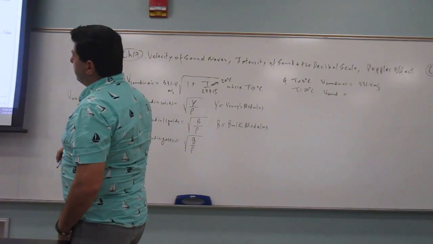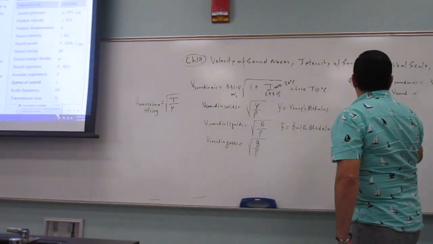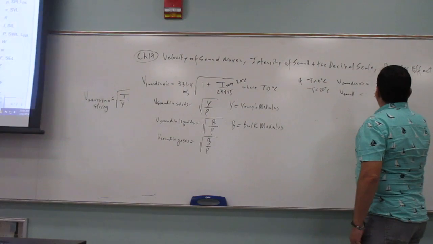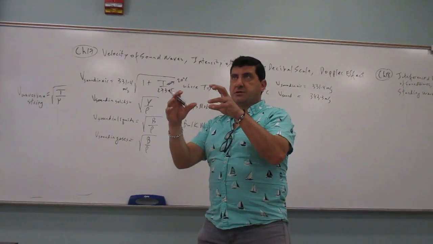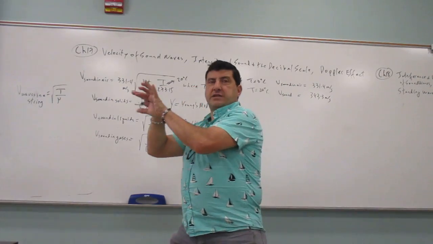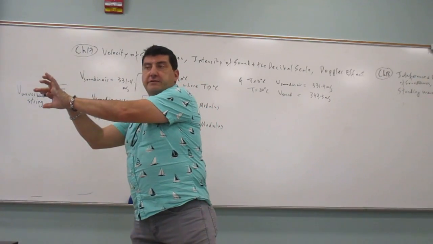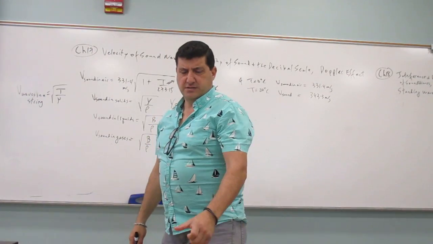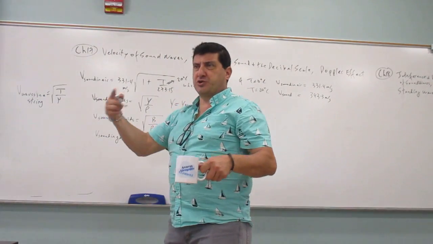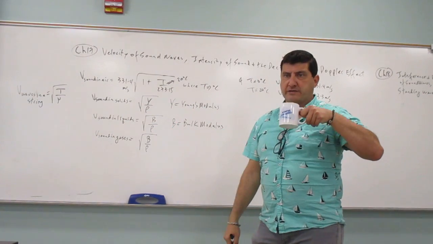I think it comes out 343.3, if I'm not mistaken. So as the temperature in the air gets hotter, the sound wave is able to propagate through that air faster. Why do you think that is? Why should sound waves travel faster as the temperature increases?